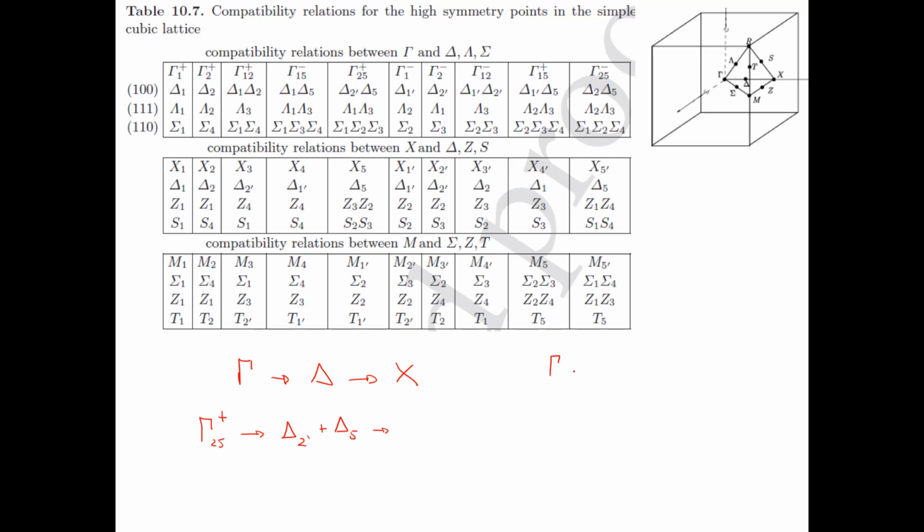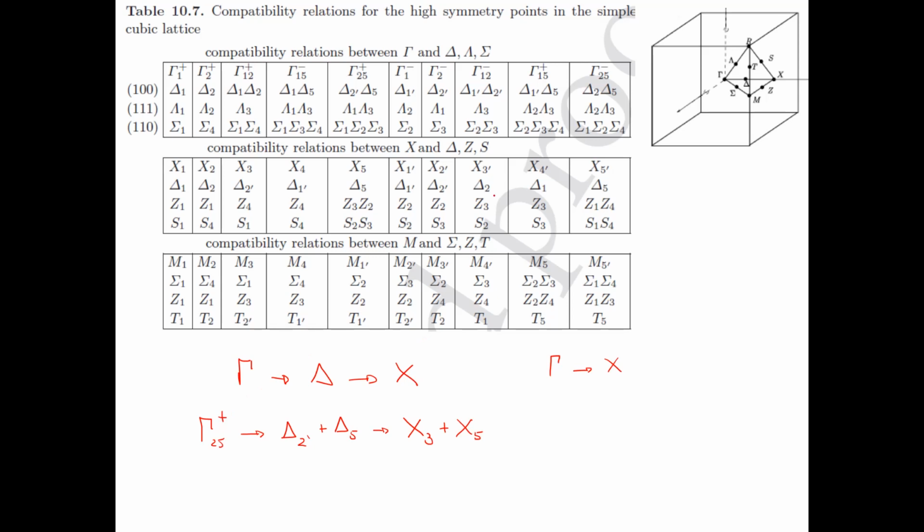So to find exactly which states they should go into, there are many ways to do it. You can do the compatibility directly from gamma to X and see how the gamma representations decompose into X, or you can look at the parity or the basis functions. For instance, in reality, the result here is X3 plus X5, and one way to see that is that gamma 25 plus is even under inversion.